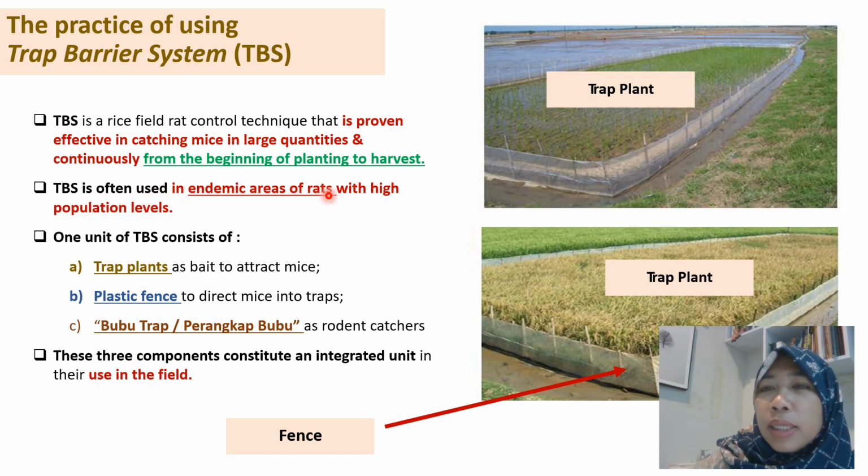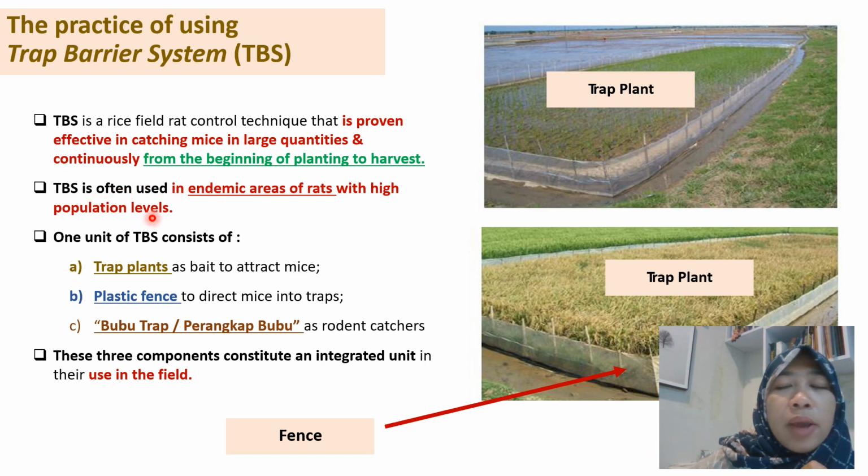Endemic is an area that is attacked by specific pests continuously, and in each growing season the population is high. So it's called endemic.